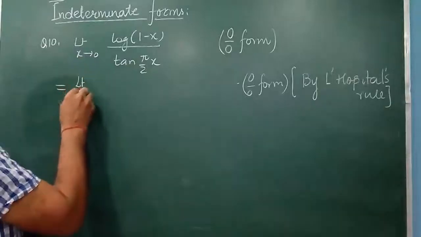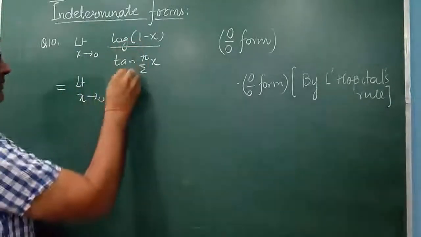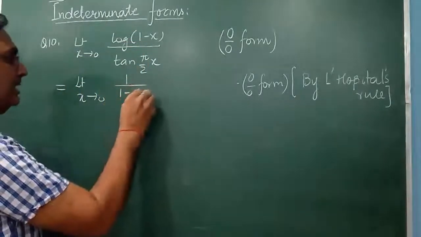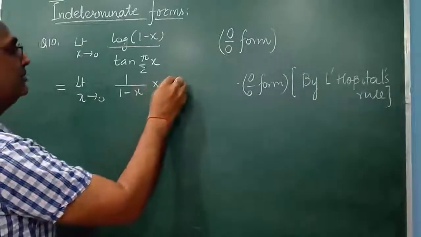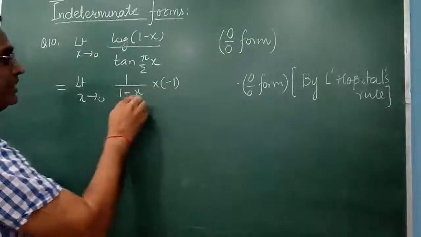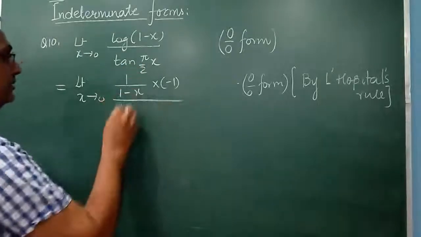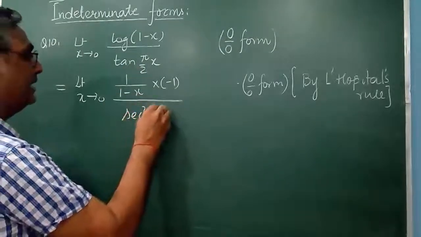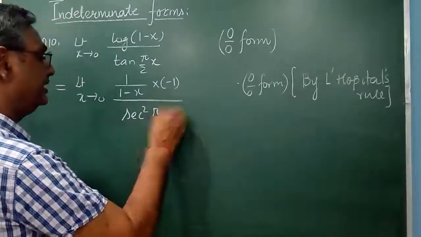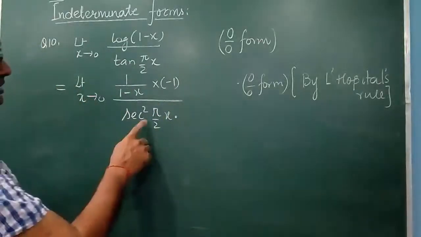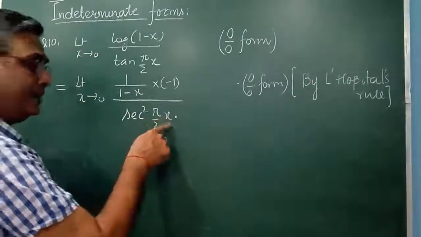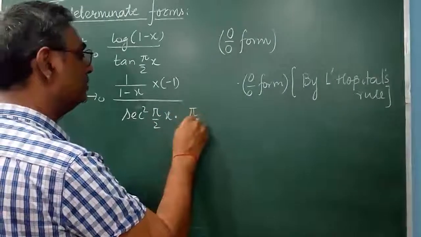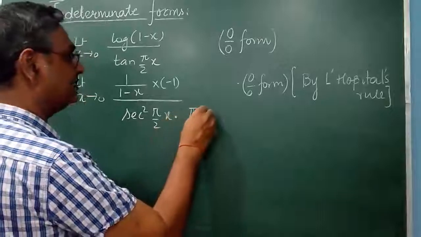So limit x tending to 0, differentiate the upper part: 1 by 1 minus x. Again differentiate this because this is not simple x. So this is into minus 1. Why? Because the differentiation of 1 is 0 and of x is 1, so minus 1, upon sec square pi by 2 x into differentiation of pi by 2 x, which is pi by 2 because this is constant and x is 1.